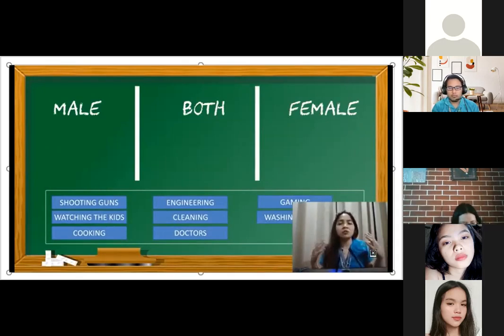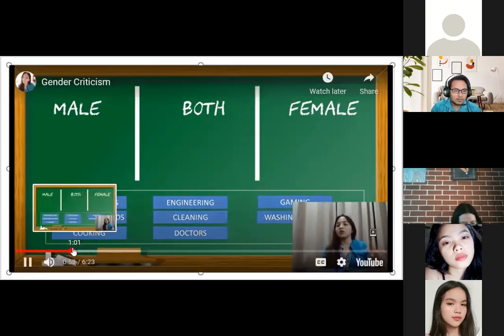What you are going to be doing is assigning these activities to each of the genders, the activities that you think are supposedly for that gender. You can put shooting guns for males or for females, or you can put it in both. I will be giving you at least a minute to think this through.